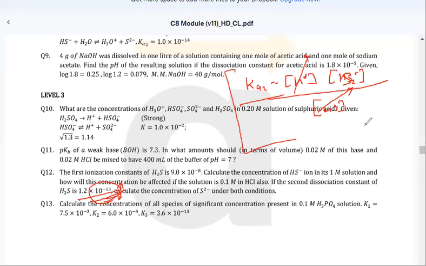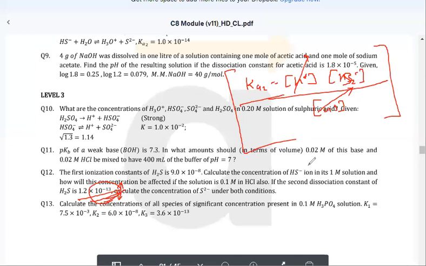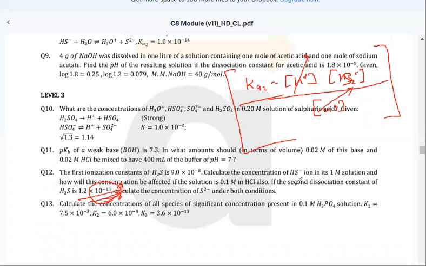Okay. Now this is when we don't have HCl, that's why we are canceling it. But if we have HCl, then in that case, the concentration of H plus will be just 0.1.